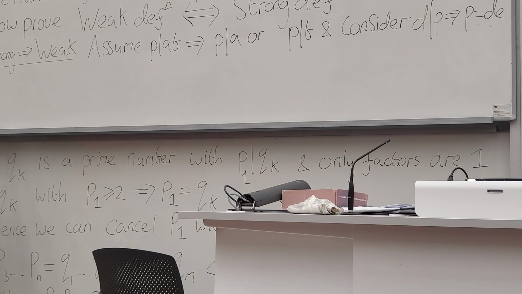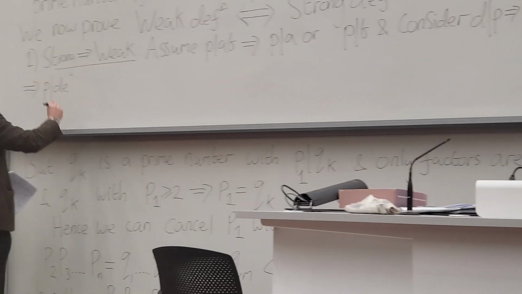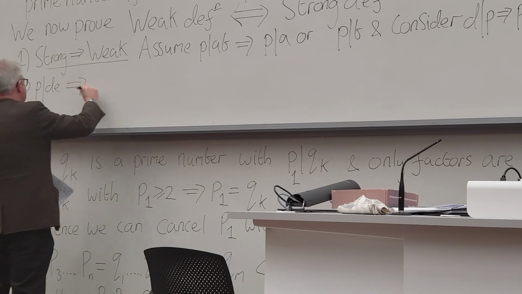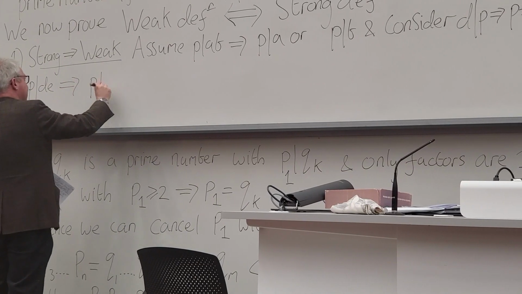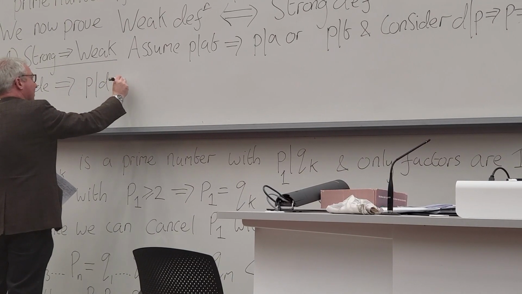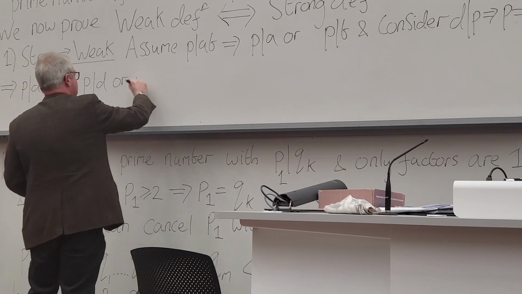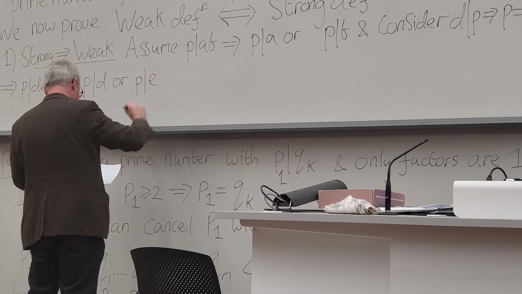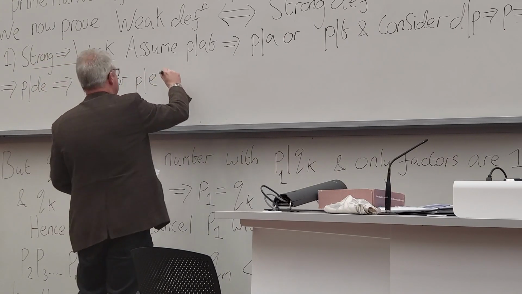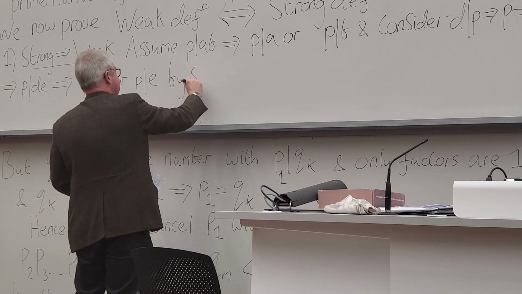Okay, so p is de. So I'm just going to carry on with the implies, which implies p divides de, which implies p divides d or p divides e by strong definition.